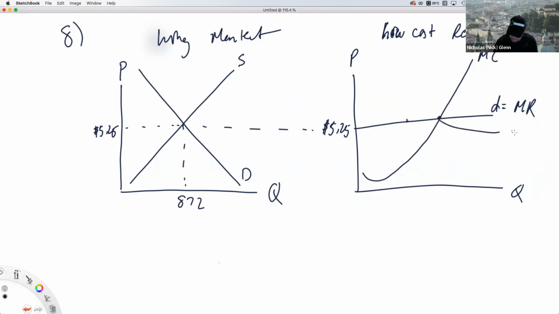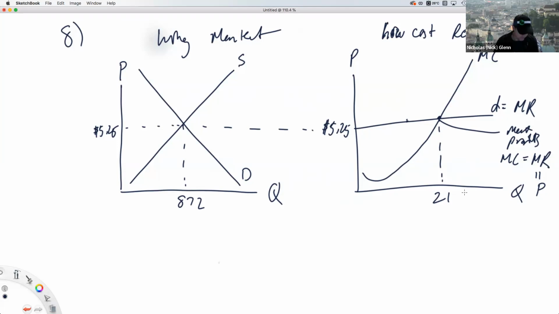Where they maximize profits is when marginal cost equals marginal revenue. And remember, we said marginal revenue equals price here. So it's where the price equals marginal cost. And we said for these low cost restaurants, they would produce 21 a day. Okay.